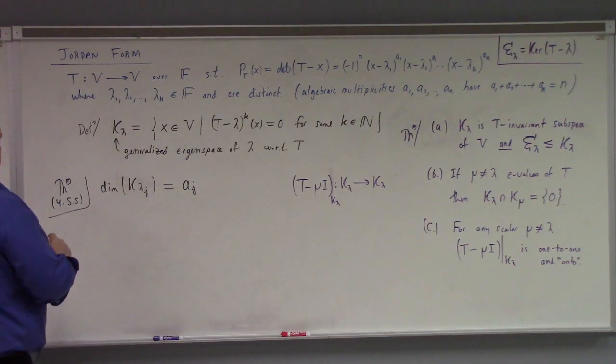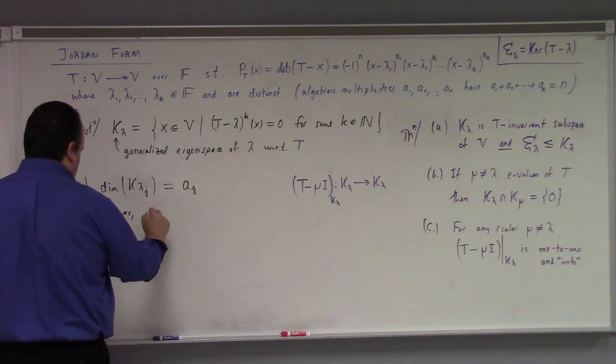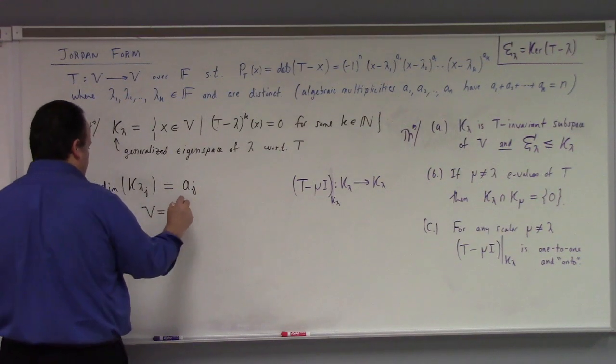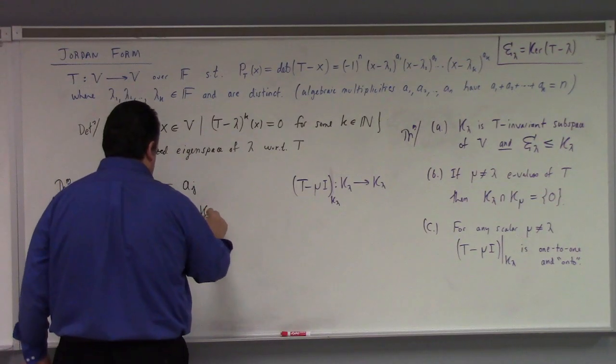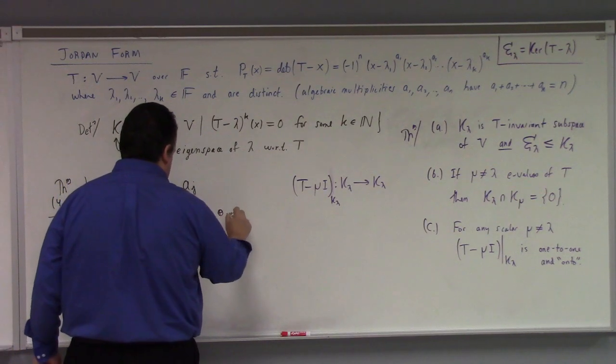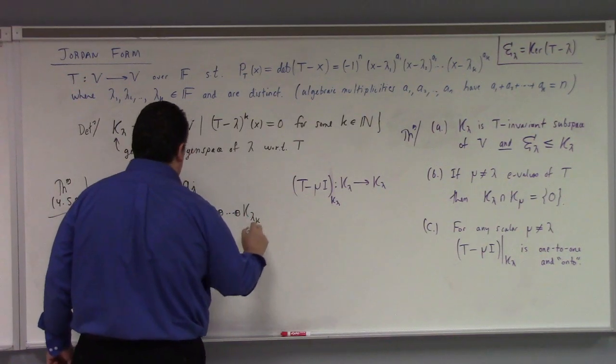Moreover, V is actually K lambda 1 internal direct sum K lambda 2 internal direct sum up to K lambda sub k.